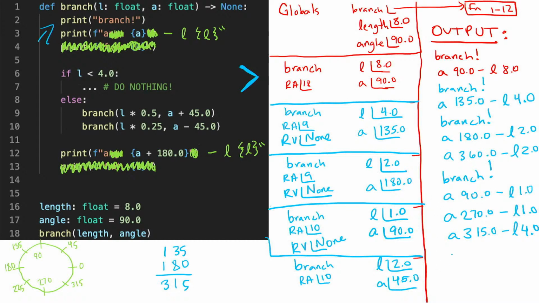We once again print branch. And then we print A of our current frame. This one is the lowest frame on our stack that's yet to return. So it's this frame. A is 2.0. Oops, sorry, A is 45.0. And L is 2.0.